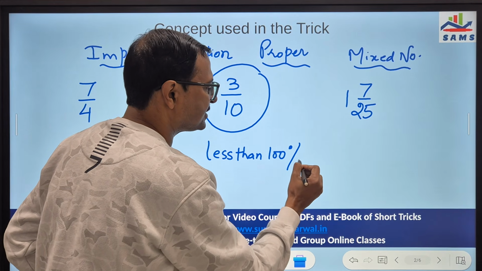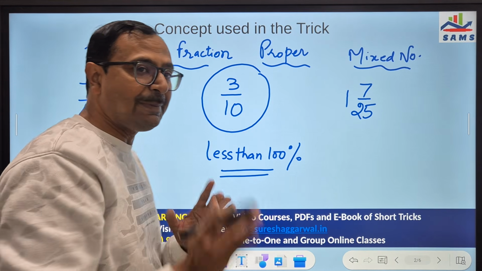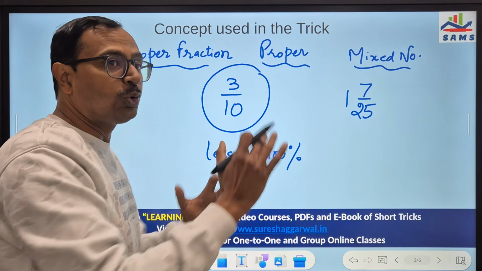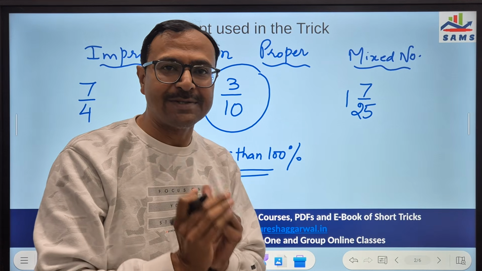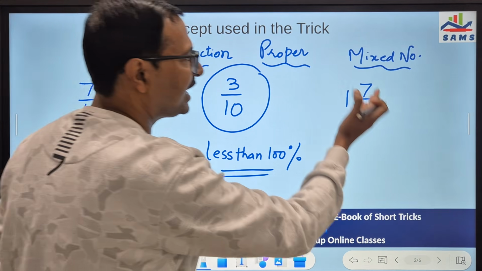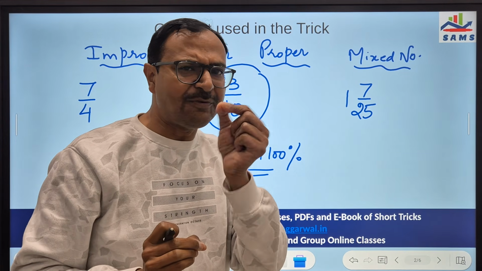That means the percentage equivalent of 3 by 10 will be less than 100. I'll tell you what to do to convert it into percentage. First, let's understand the nature of your answer: less than 100%.